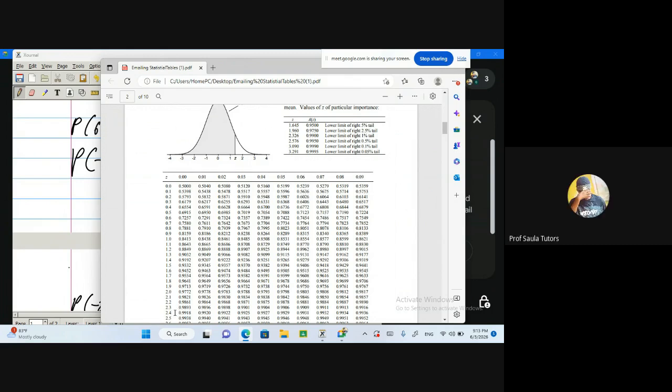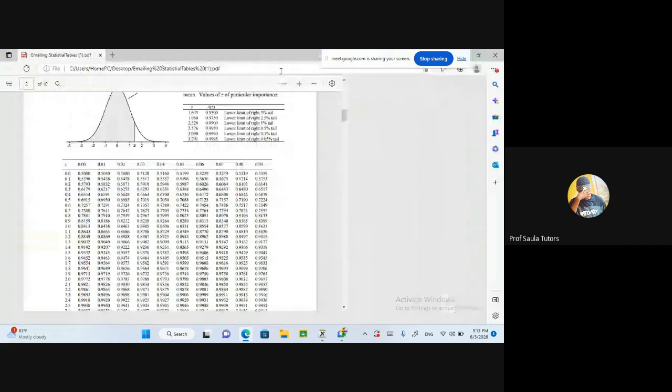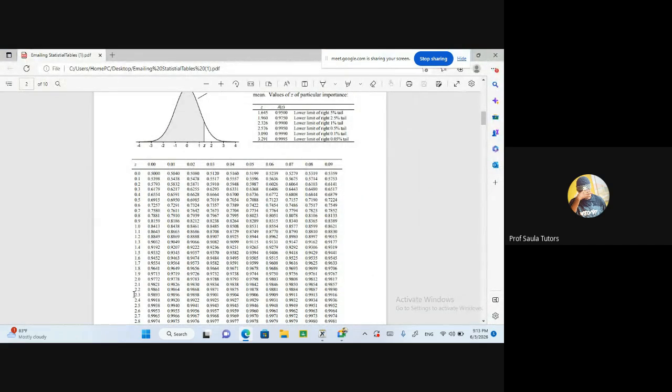So I take 2.3 under 0.08. Let me highlight that part. So this is our answer.